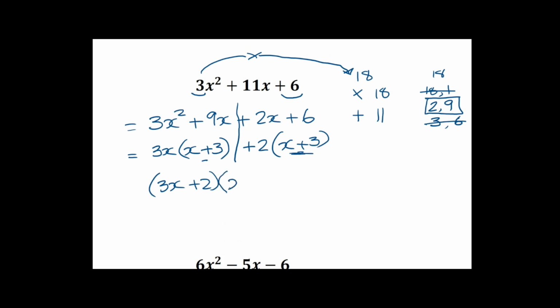And combine them like that. None of this is breaking the laws of algebra. We're treating this as a common factor. If we had 3a plus 4a, we could combine them.